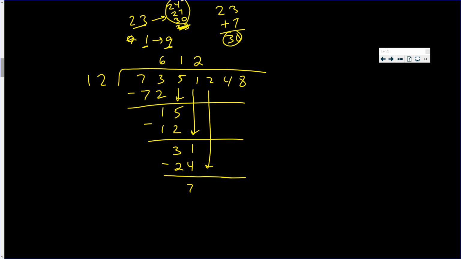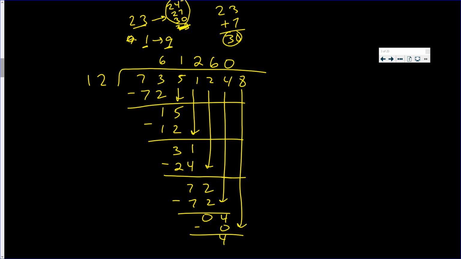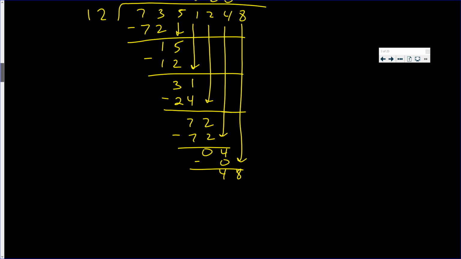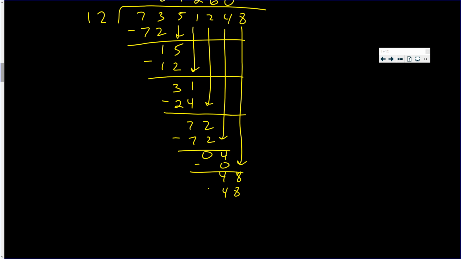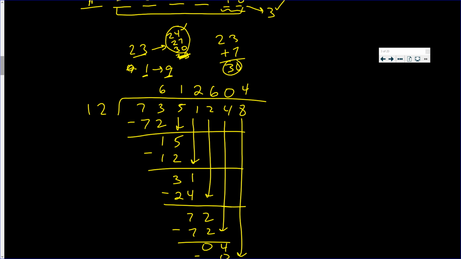Bring down the 2. 12 goes into 72 exactly 6 times. Bring down the 4. 12 goes into 4 0 times. 4 left over. Bring down the 8. And 12 does go into 48 evenly. It goes in 4 times. So yes, 12 did go into this number.